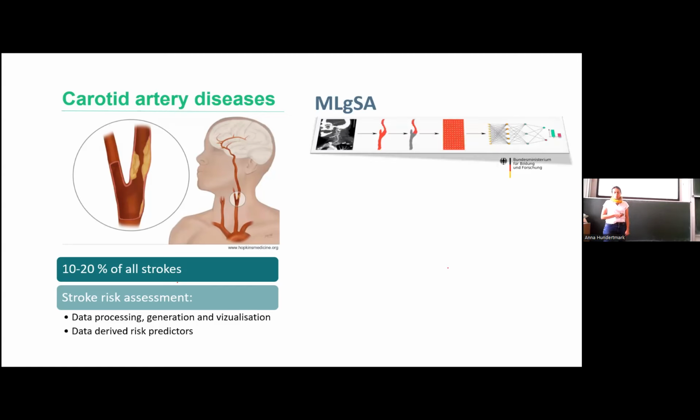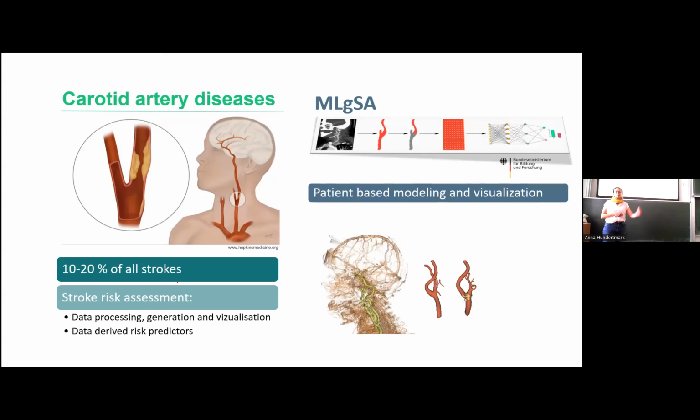The work was done in the scope of the so-called MLGSA project, a third-party-funded project by the BMBF, the German Federal Ministry of Science and Education. You also see in this figure that we have CTA images, simulation, machine learning and so on.